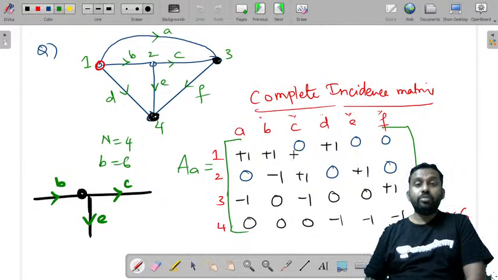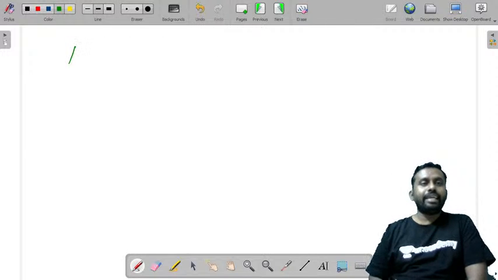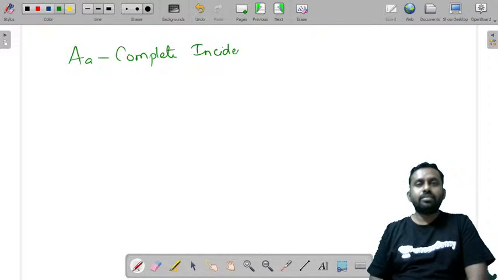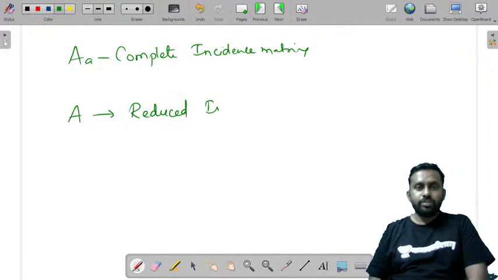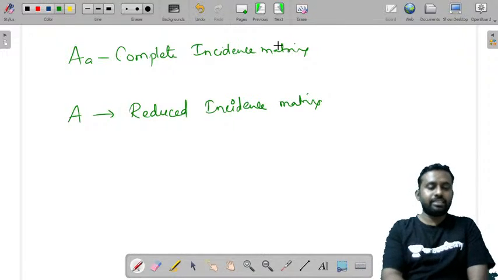Also, if you look at this, you have two: one is A, the complete incidence matrix, and A, the reduced incidence matrix. Hope this is clear for you. If you have any doubts you can ask.